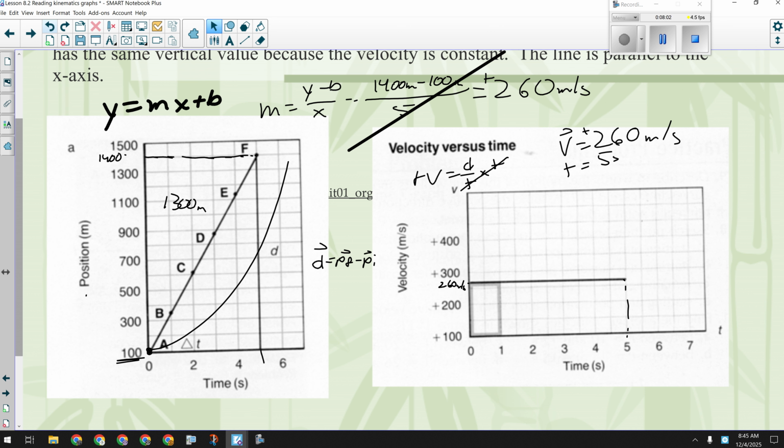So t times v, 5 times 260. I mean, it had better come out to the same number. It's the same object. Agreed? Okay. Have we done anything new yet?